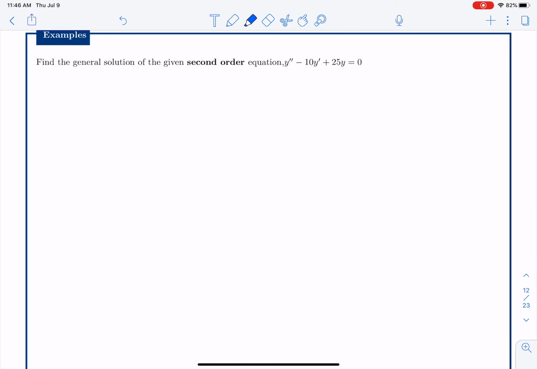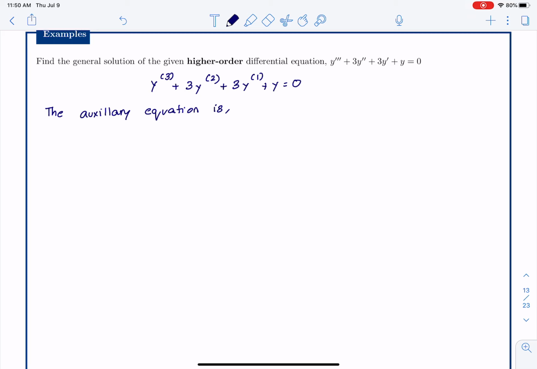Let's write the auxiliary equation. The auxiliary equation in this case is m cubed plus 3m squared plus 3m plus 1 equals 0.